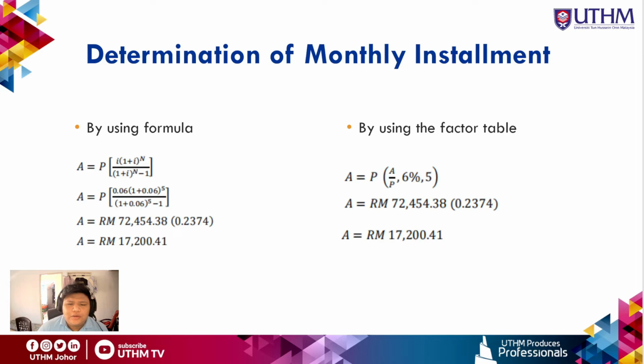In order to calculate the monthly installment, we have two methods. The first is using a formula. The formula is A equal to P times I times (1 plus I) to the power of n, divided by (1 plus I) to the power of n minus 1.